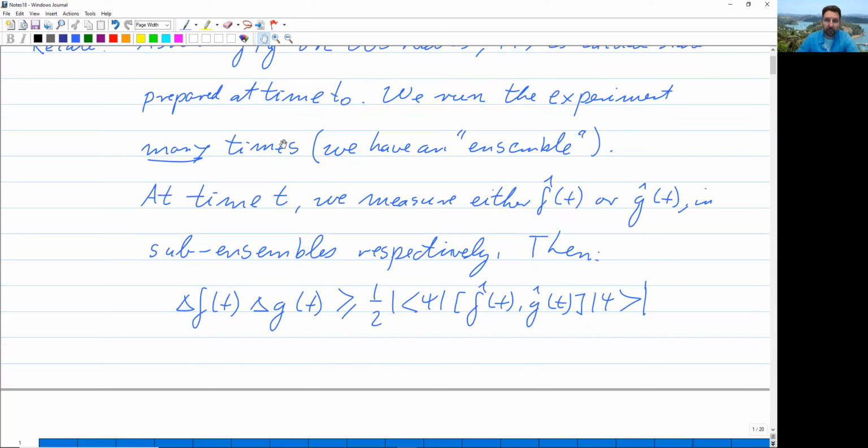So the point I want to make here is that the general uncertainty principle between any two observables f and g holds at all times. So the uncertainty relations hold at all times t.